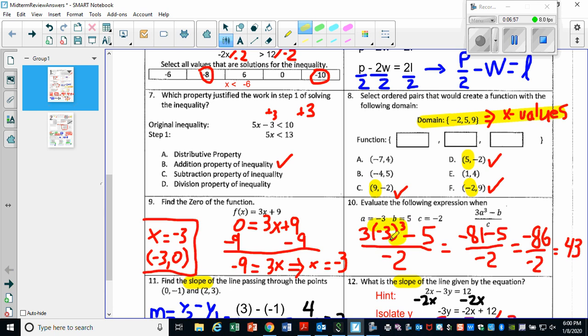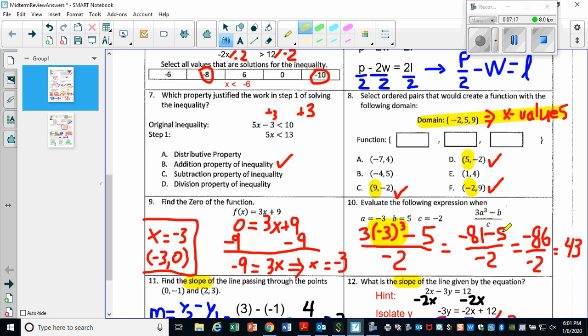Do not multiply first. Don't multiply 3 times -3, then you have -9 to the third power. That would not be the correct move. You need to take care of -3 to the third power, which is -27. Then you multiply by another 3. That's how we get the -81.